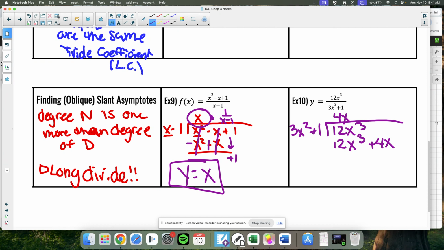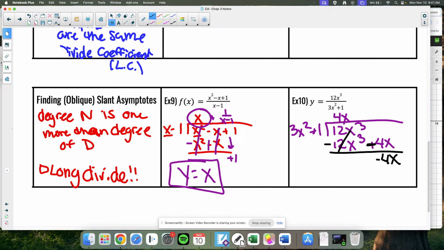How many are in this original one? How many x's are there? 0. So if you're missing a spot when you do your long division, just keep in mind you have a negative 4x because technically it was a 0 minus 4x.